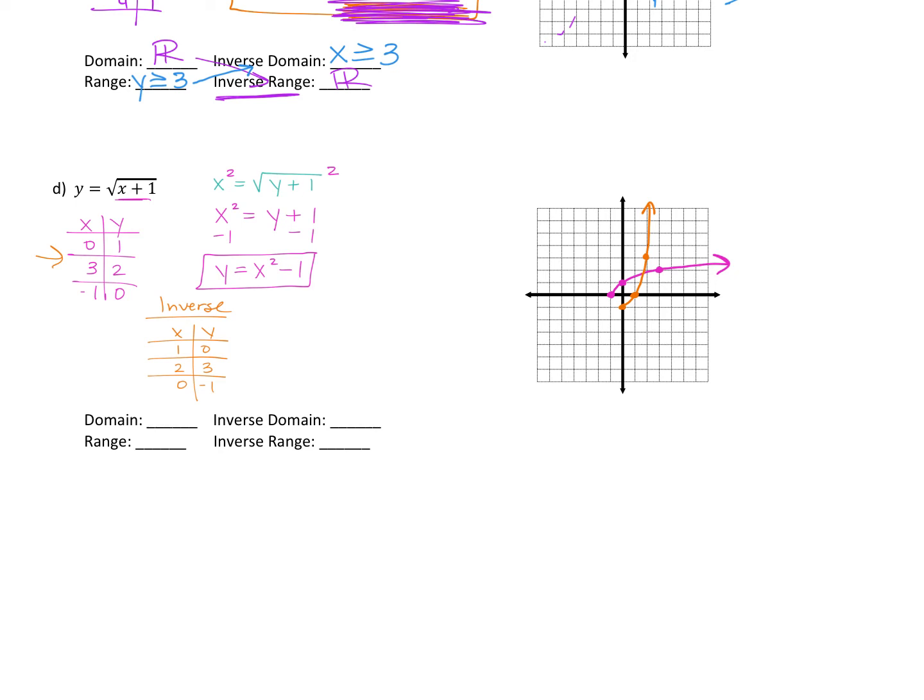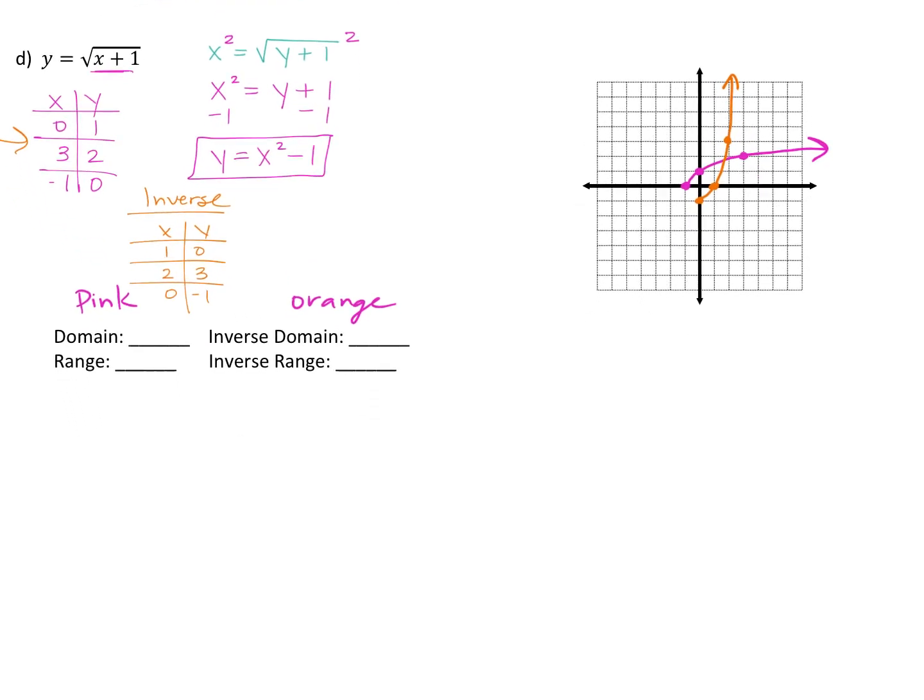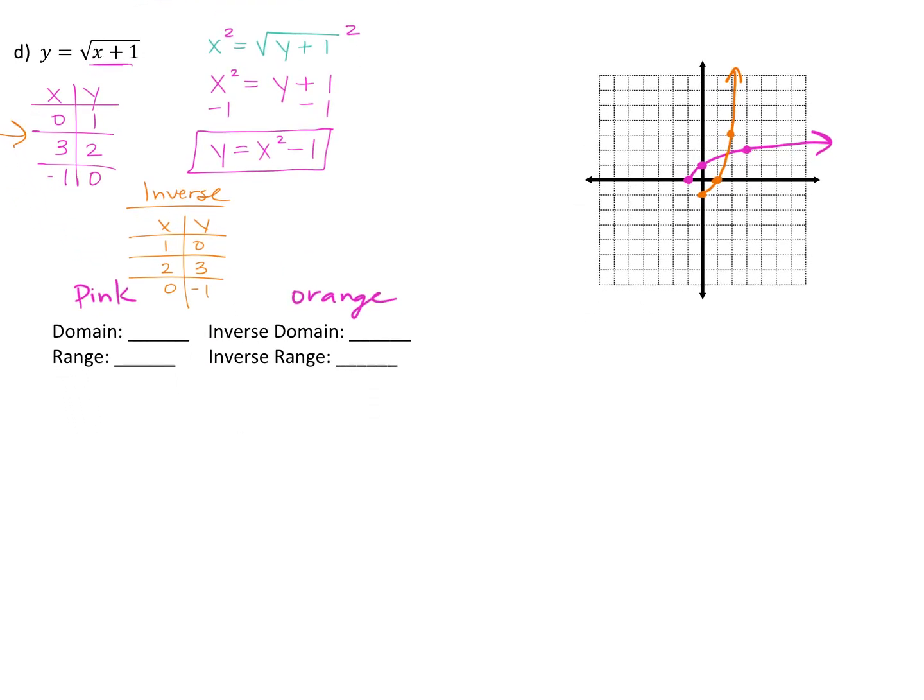All right, so let's talk domain and range. For the first one, that was the pink graph. This one is our orange graph. So for the pink graph, what's your domain? What do your X values have to be?